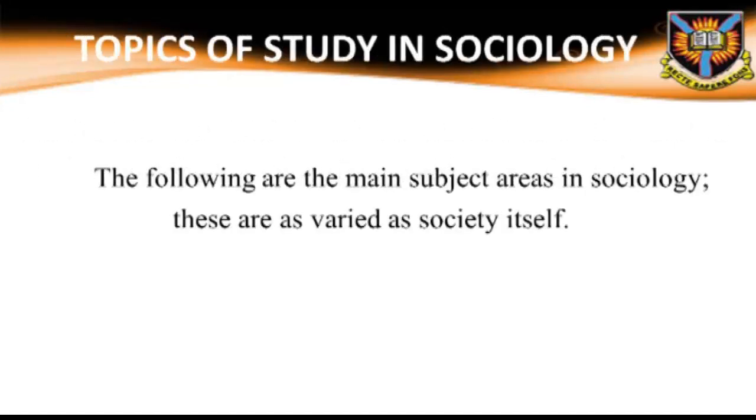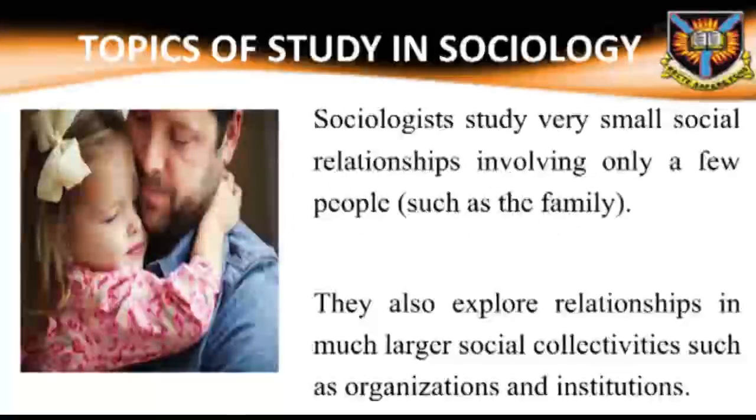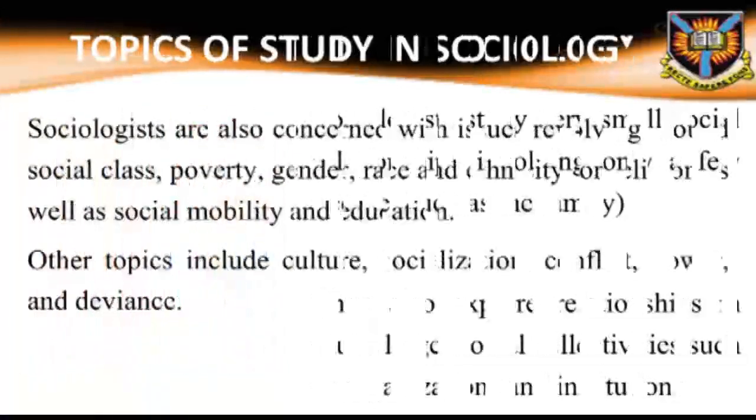Topics of study in sociology. The following are the main subject areas in sociology. 1. Sociology studies very small social relationships involving only a few people, such as a family. They also explore relationships in much larger social collectivities, such as organizations and institutions. 2.